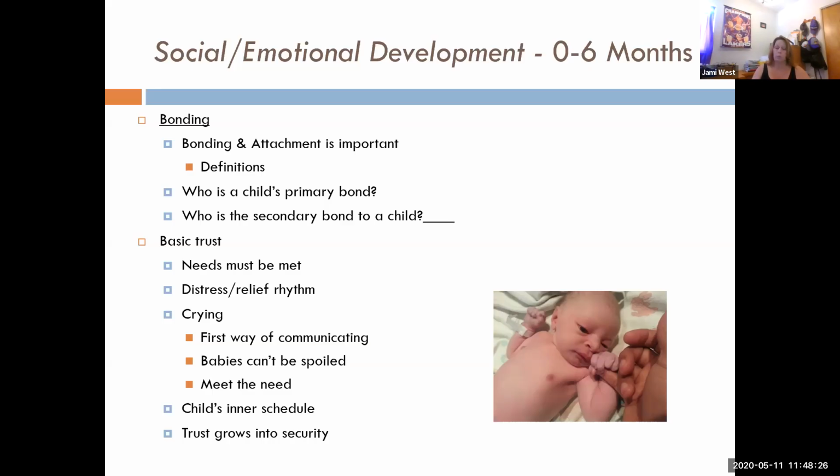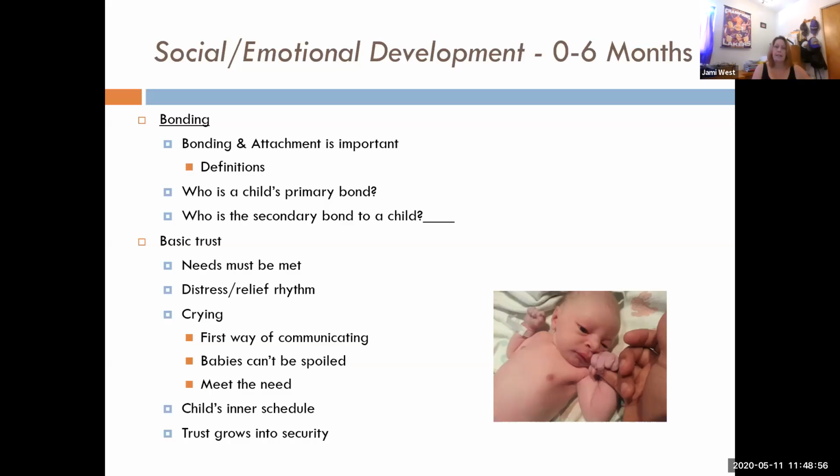And if you think about what happens right around 6 months physically, which we'll talk about in a minute, if children don't have that bond and attachment, which allows for trust to develop, which then grows into security, it affects all of their development, okay?